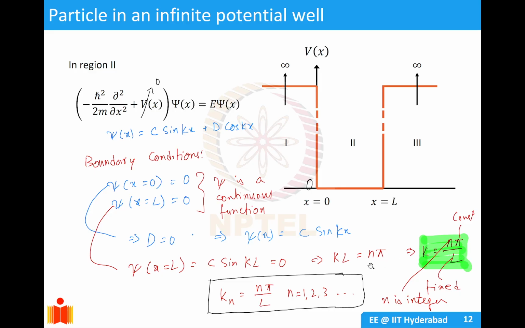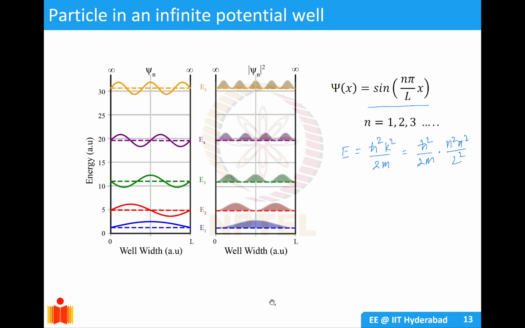So you can see that for n varying 1, 2, 3, we can get the momentum k values, since pi is a constant and L is known to us, which we have fixed. So from k_n we can put this in the energy values, which is equal to h cross square k square by 2m, which is h cross square by 2m into n square pi square by L square.